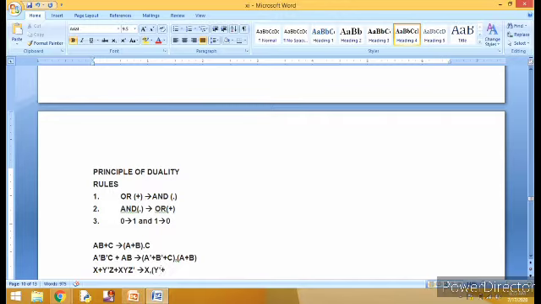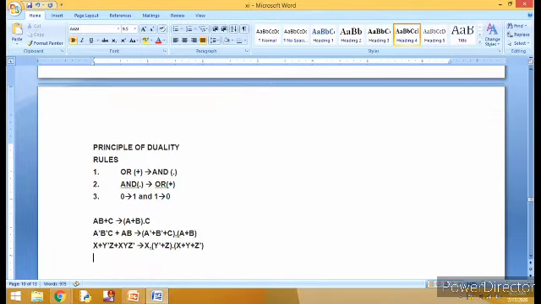Then plus z, again the OR is replaced with AND, next again x plus y plus z dash. So this is the output for a dual expression. Now I hope it is clear. Yes, sir, it is clear.